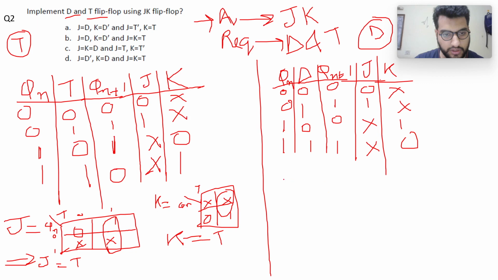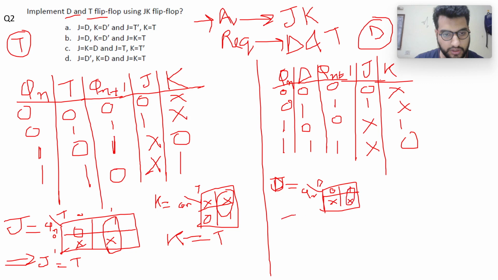Now we'll do the D flip-flop case. So J is equal to, here I have Qn, here I have D. 0 0 it's 0, 0 1 is 1, 1 0 is this and this, right?